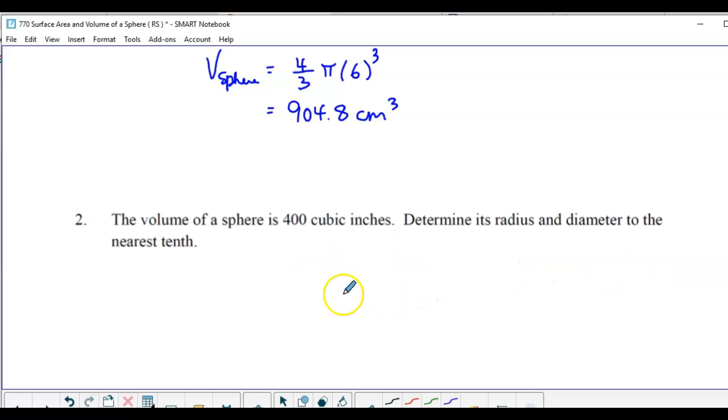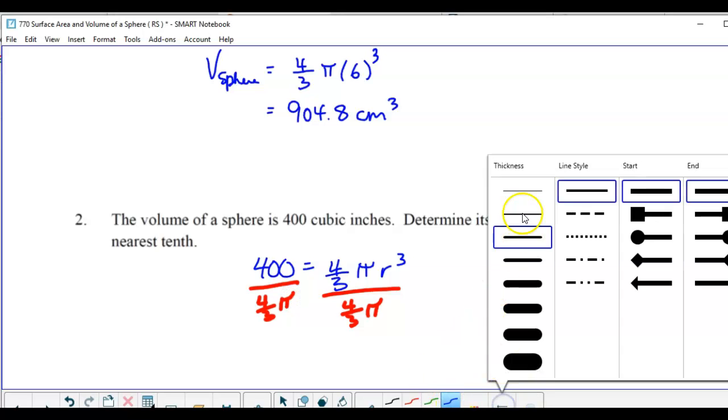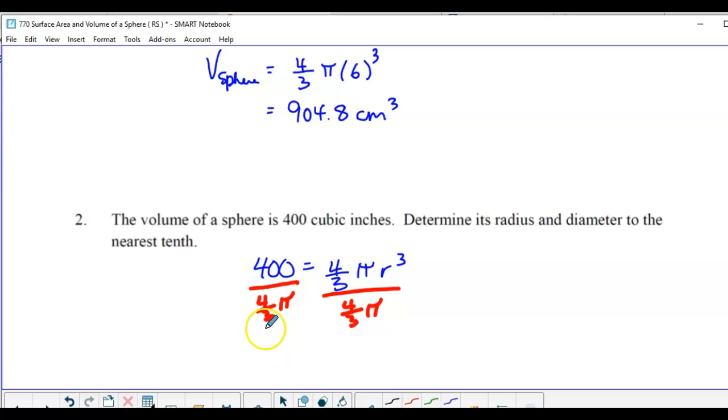Okay, volume of the sphere is 400 cubic inches. Determine the radius. So we're working backwards from volume now. So 400 equals 4/3 pi r cubed. So really you're dividing here by 4/3 pi. And so then we're going to end up having, so just be careful, that's going to be 3/4 times 400 over pi.